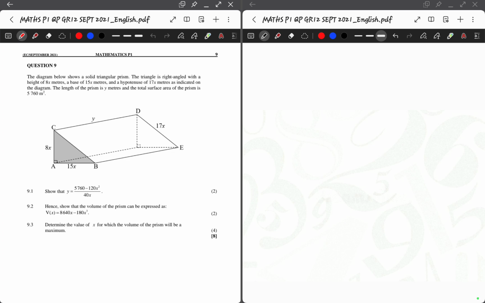The length of the prism is y meters, and the total surface area of the prism is 5,760 meters square.